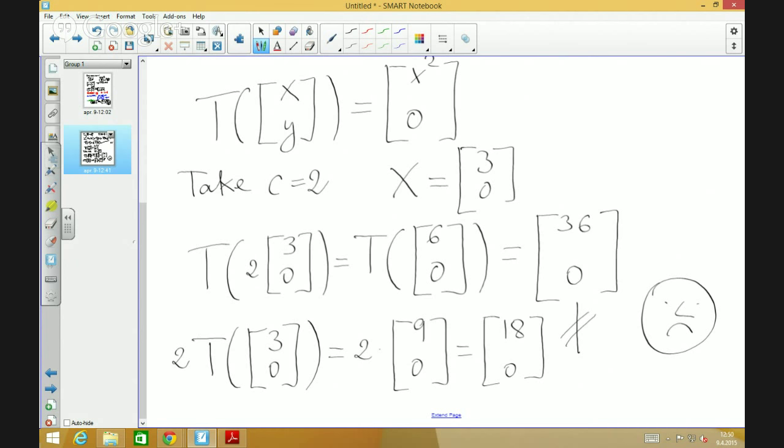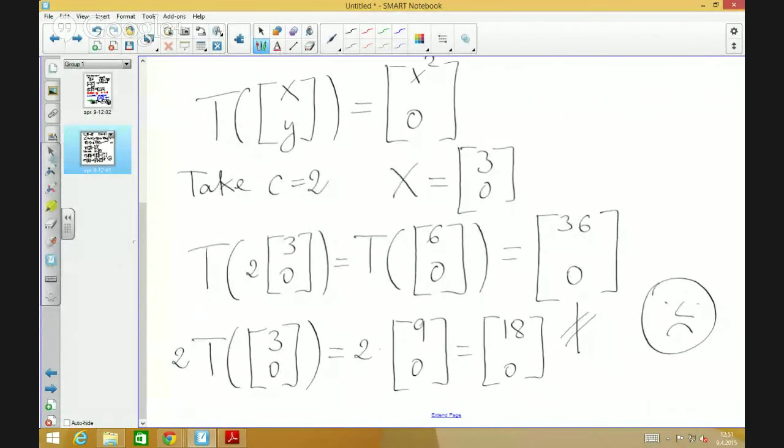Well, I'm happy because the guy wanted it to be linear. In an exam situation, if I ask you, show that this function is not linear, and you get a result like this, you're happy because you got it. So you see, it's not mind-boggling.